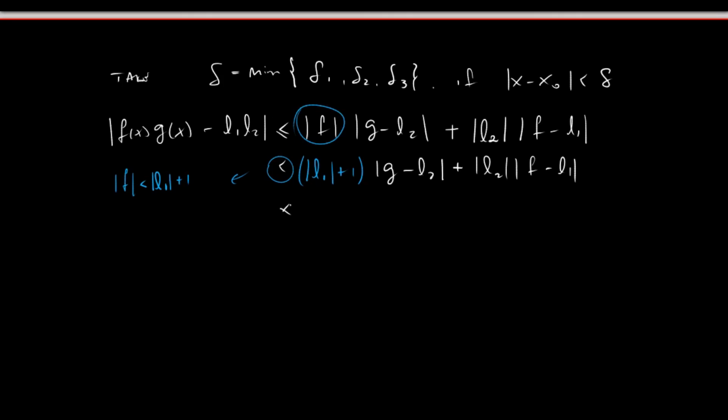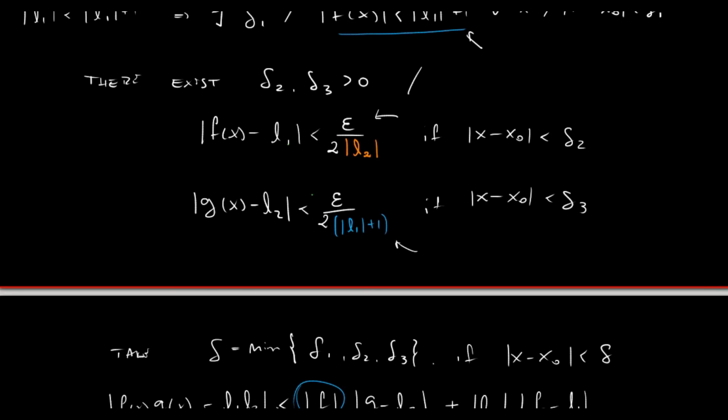And now we want to make this smaller using the bounds we found for g minus L2 and for f minus L1. So we have the absolute value of L1 plus 1 times, we said that g minus L2 was smaller than epsilon over 2 times the absolute value of L1 plus 1.